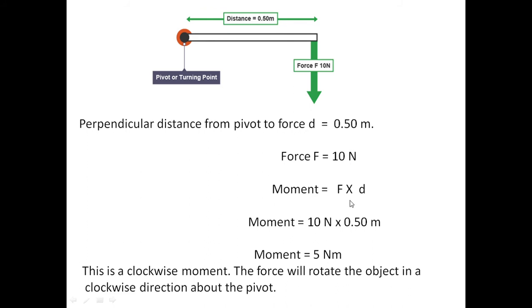Moment equals F into D, 10 Newton into 0.5 meters. The answer is moment is 5 Newton meters if you multiply. This is a clockwise moment. The force will rotate the object in a clockwise direction about the pivot.